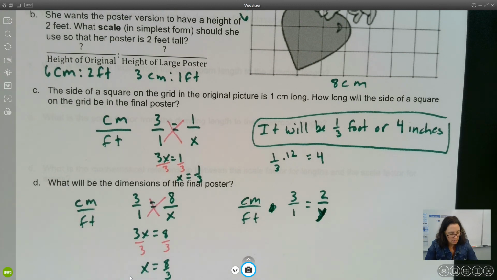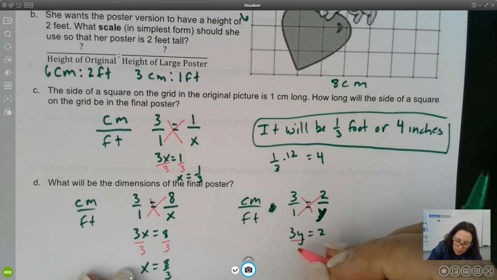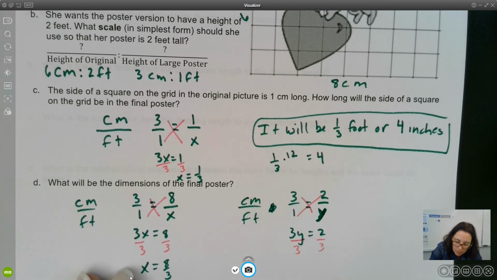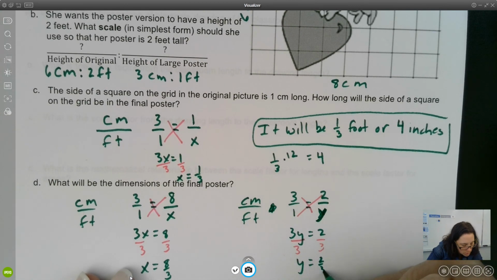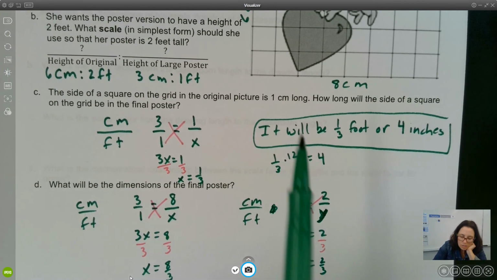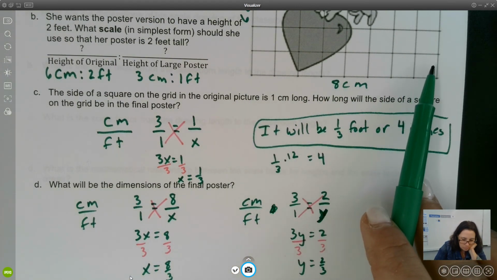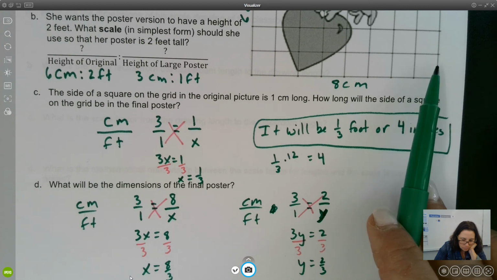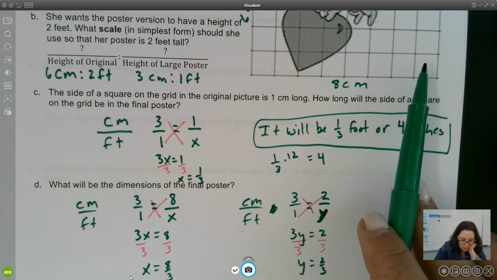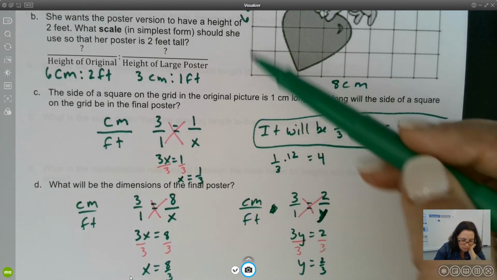All right, so I'm getting 3y equals 2. y equals 2/3. All right, so let's think about this here. So I've got 8/3 for this guy, and then I've got 2/3 for this guy.